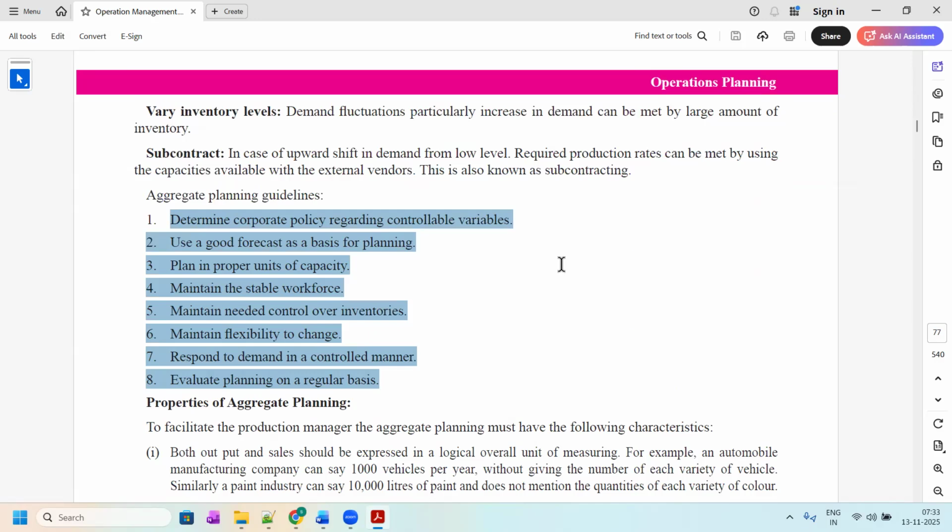If planning is good, then definitely we can have enough inventory with us. With that enough inventory, we can manage a stable workforce. The urgency of subcontracting would not be much required, and that will give a lot of flexibility in the production cycle, without putting too much pressure on overtime.